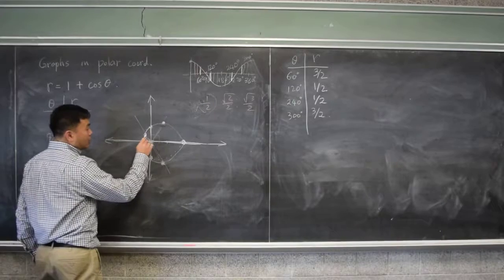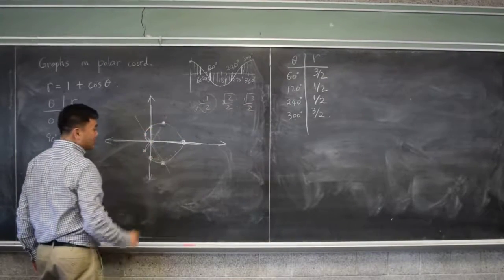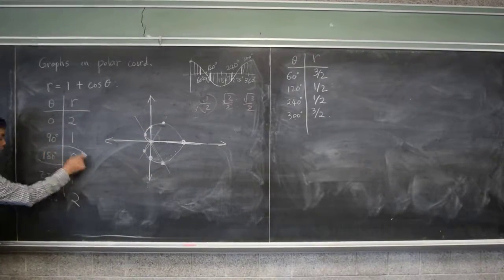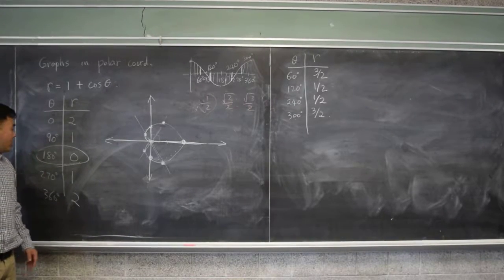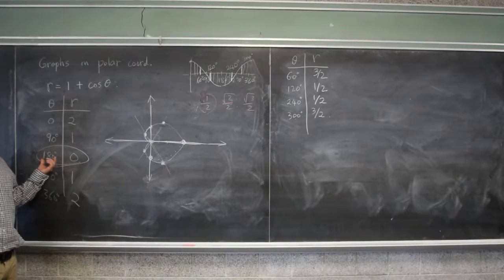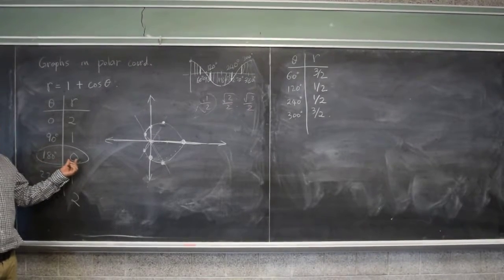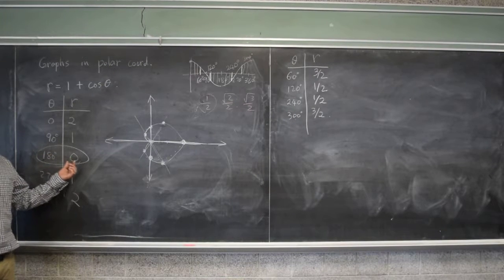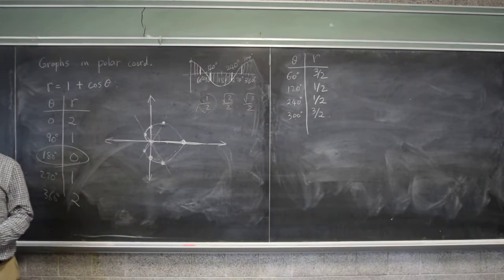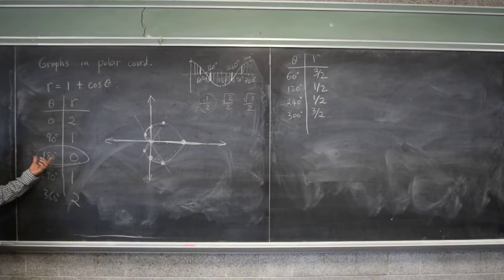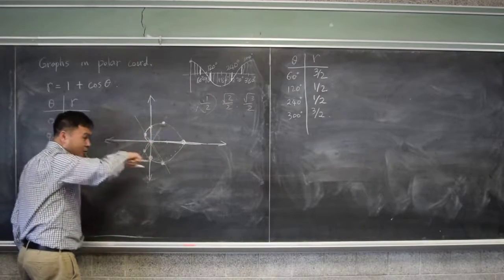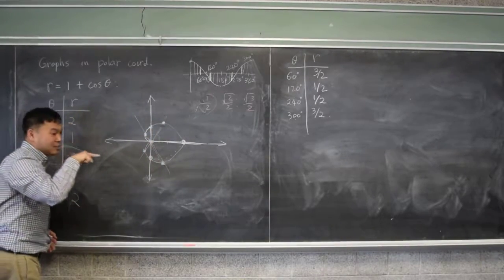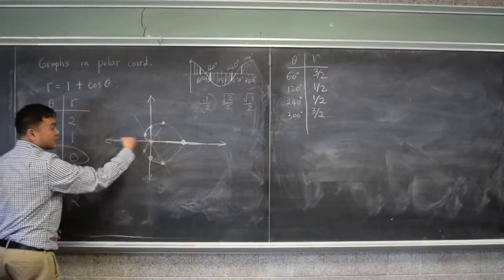So what happens is that whenever you have a 0 for an angle, you might think, well, this angle doesn't do anything to the graph because whatever the angle is, 0 is just 0. It's always the origin, right? You might think that this doesn't have any meaning, but it does carry some meaning. The meaning is that when it hits the origin, the angle that it's hitting the 0 point should be this 180 degrees.